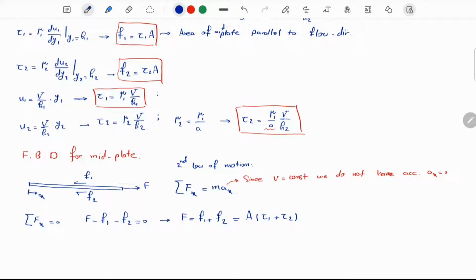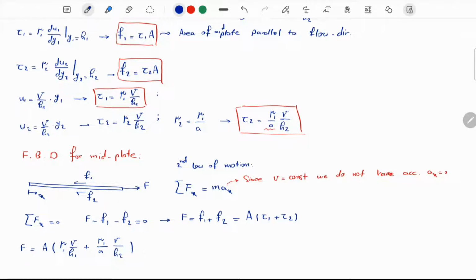Substituting these values results in force F equals A multiplied by mu1 capital V over H1 plus mu1 capital V over H2.